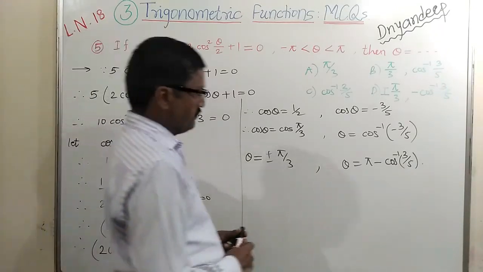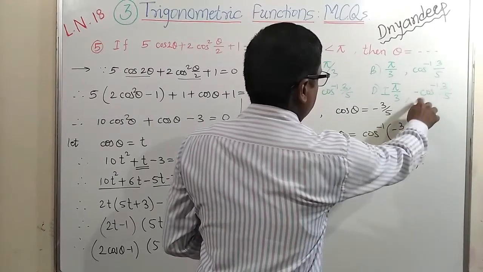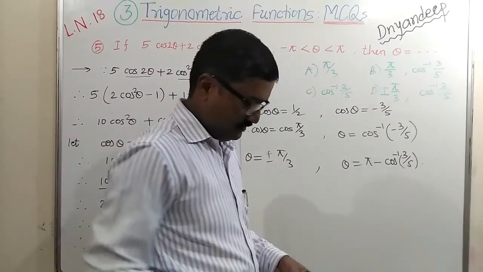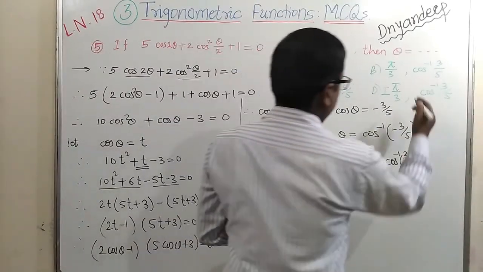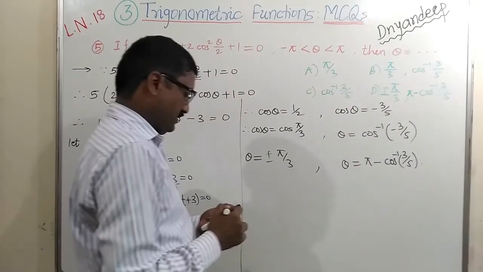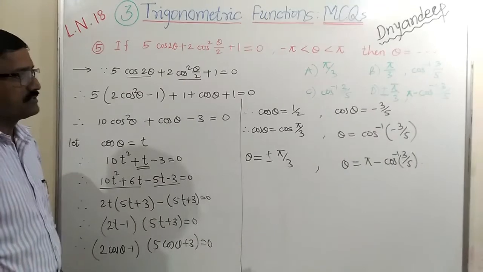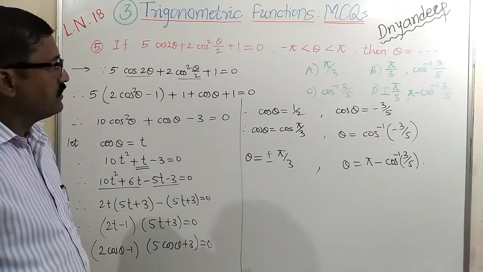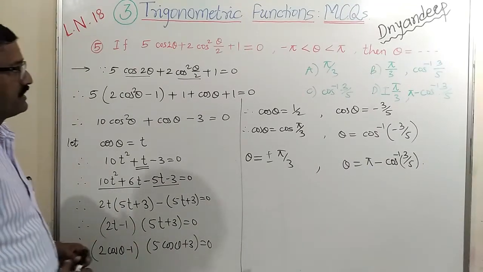I think in the example, here will be pi minus cos inverse of 3 by 5, because that option is not there. Okay. So this is the way to find the solution.